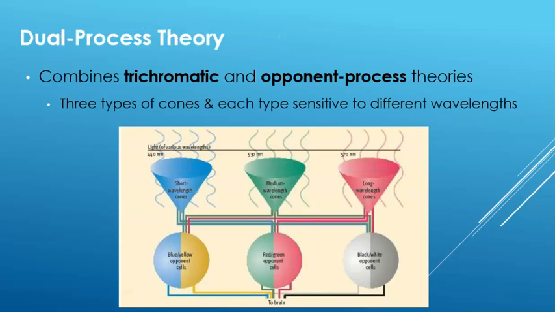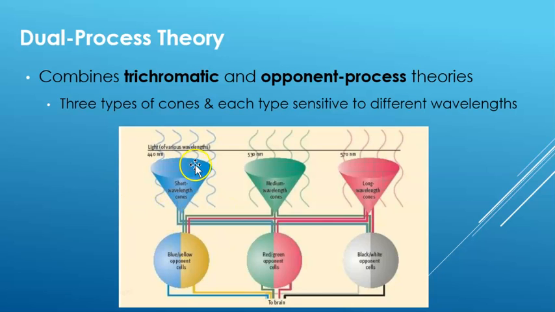Another theory that's very important is dual process theory. And this combines the two theories: the Trichromatic Theory and the opponent processing theory. And this says that there are three types of cones, and each type is sensitive to different wavelengths.